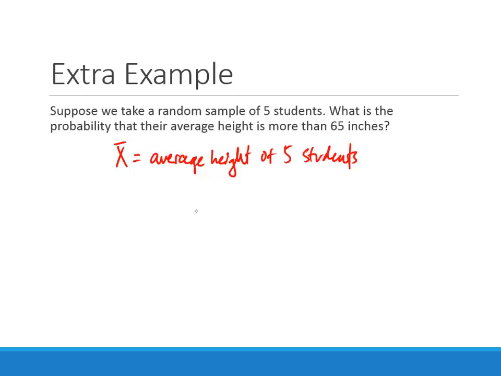And what do I know about the distribution of x bar? Do I know anything about the distribution of x bar? Well, I do know what the mean and variance of this distribution will be. So the mean of this thing, expected value of x bar, is going to be what?